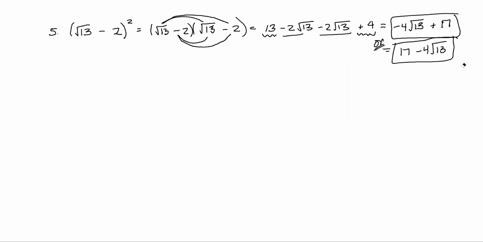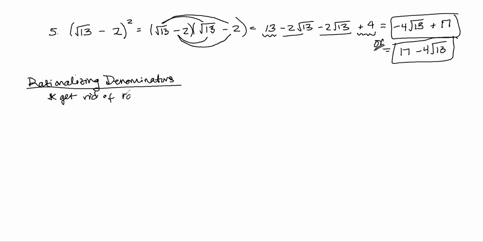All right, now let's start talking about rationalizing denominators, and this is where the dividing radical expressions comes into play. Okay, so rationalizing denominators basically means that we're going to get rid of any radicals in the denominator.